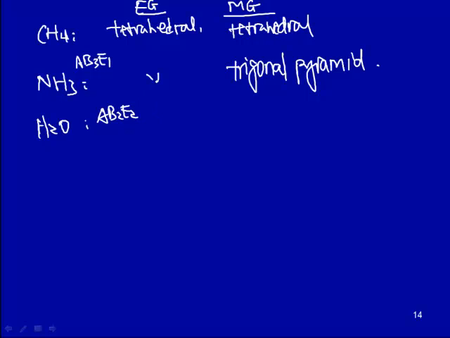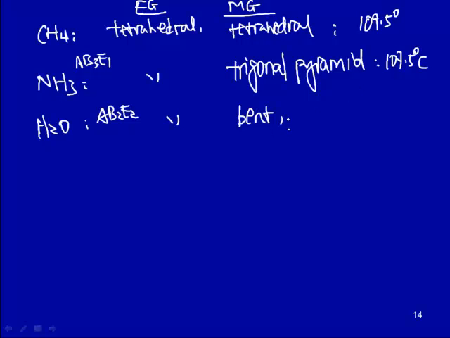This one will have an electron group geometry of tetrahedral, and the molecular geometry will be bent. The tetrahedral bond angle is 109.5, and trigonal pyramid is slightly less, about 107.5.